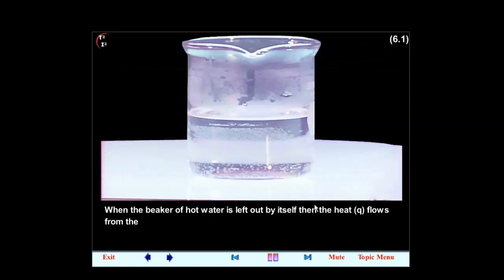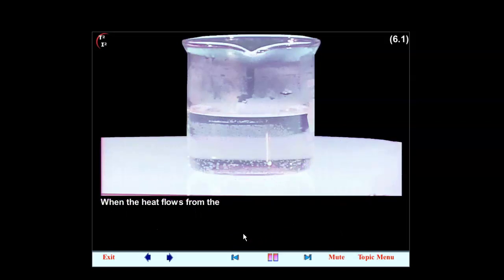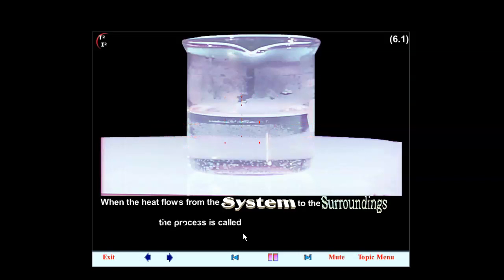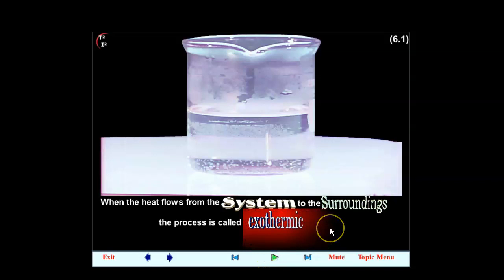When the beaker of hot water is left out by itself, then the heat, Q, flows from the system to the surroundings. When the heat flows from the system to the surroundings, the process is called exothermic. And this is when the temperature of the container becomes hot or warm because heat was dissipating to the surrounding.